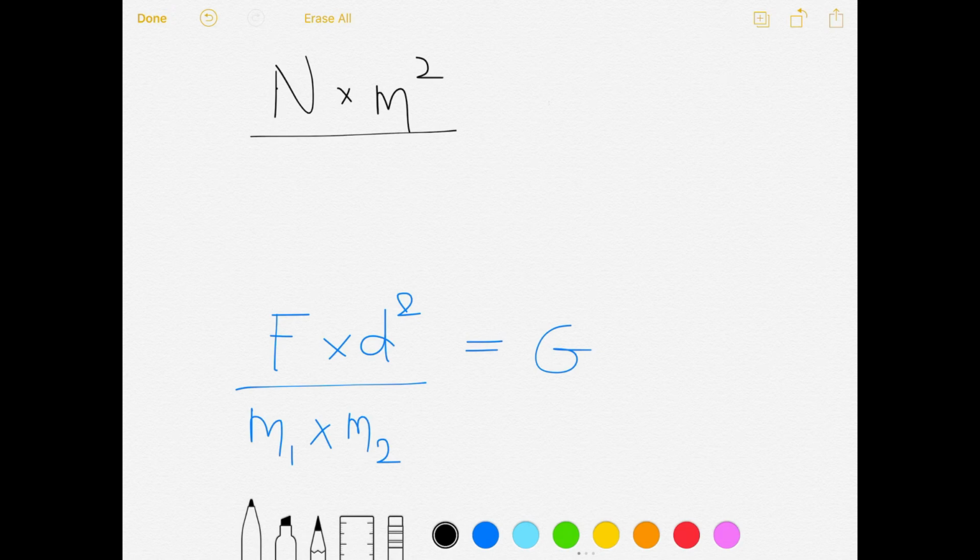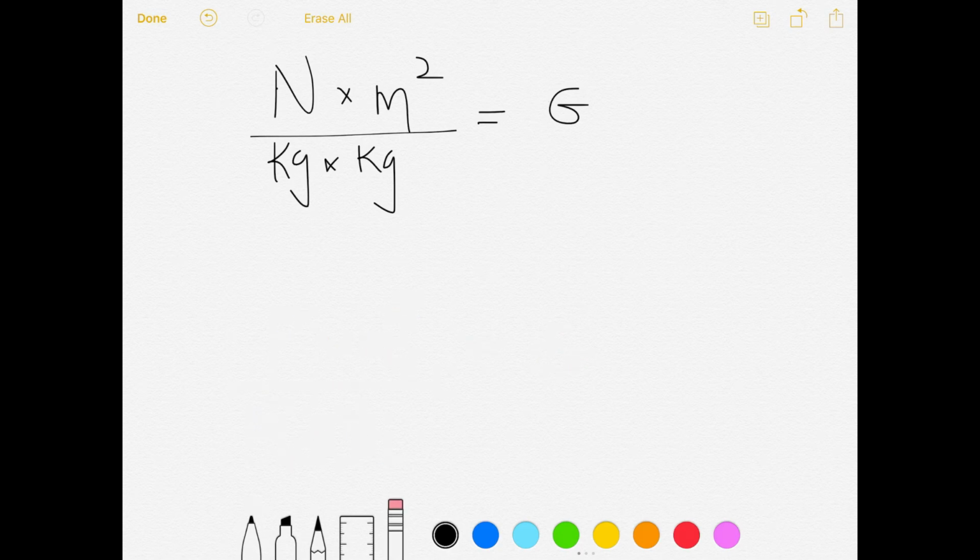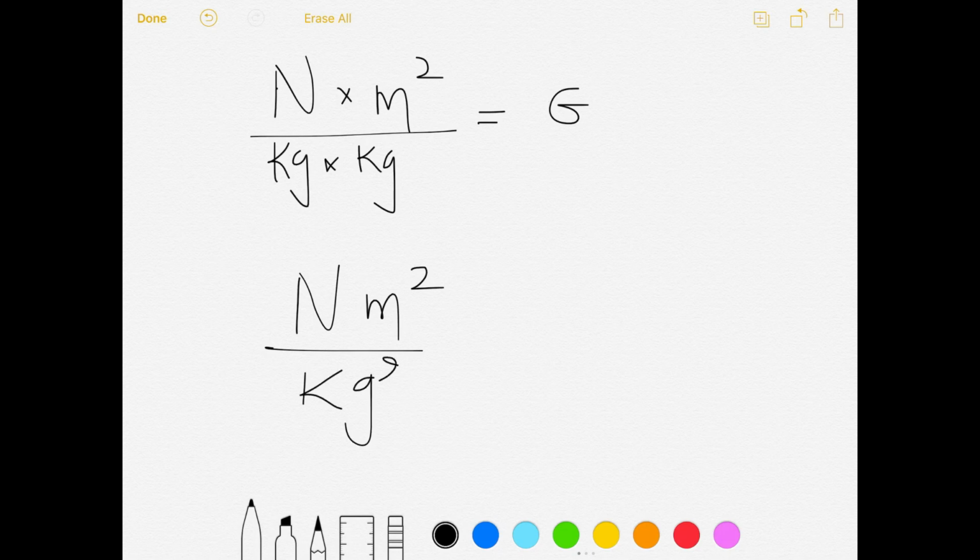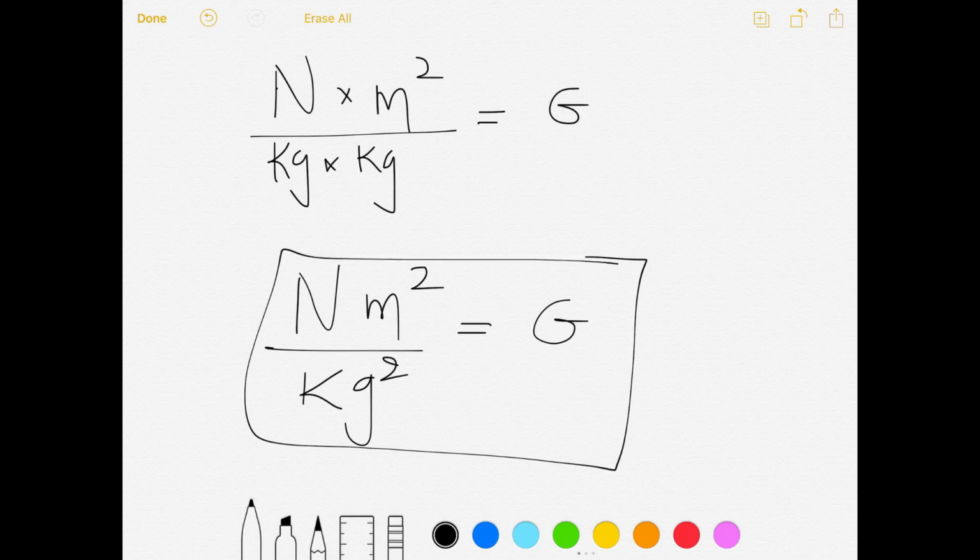Mass, the SI unit is kilogram, so kg multiplied by kg, that will be the unit of G. Kg multiplied by kg will become kg square. So finally, the unit of capital G becomes Newton meter square per kg square. This is the unit of the universal constant of gravitation.